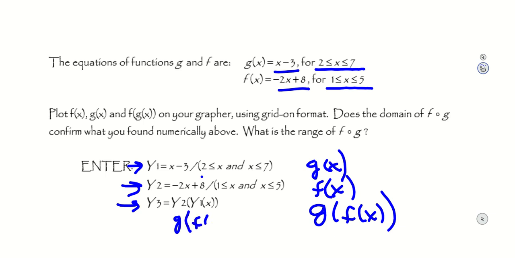So what we would see on our graph is actually the composite function, and we could pick the domain out of that. I'm going to attach a very quick video of how to do that on the calculator.